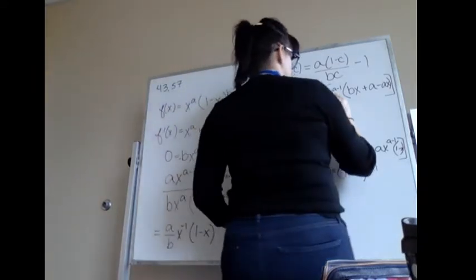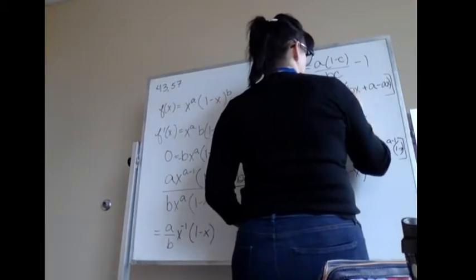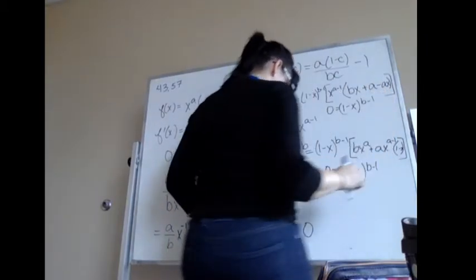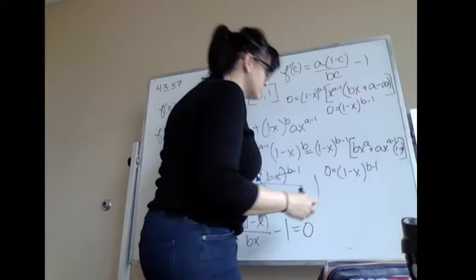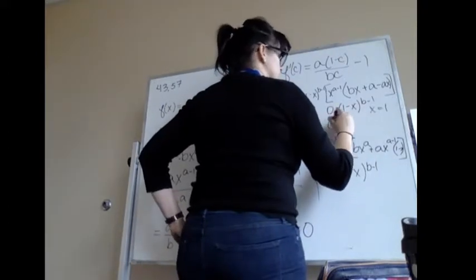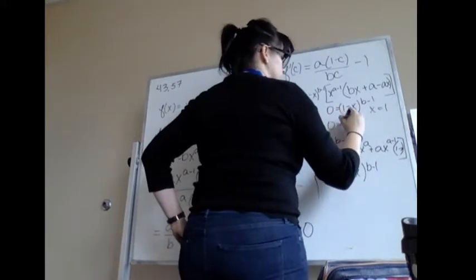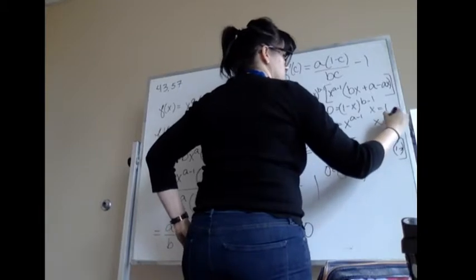Okay. So then 0 equals (1-x)^(b-1). So then x equals 1. 0 equals x^(a-1). X equals 0.